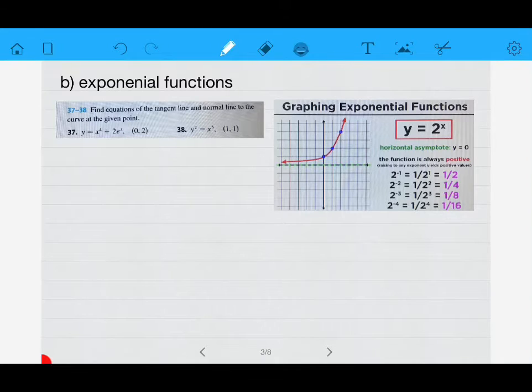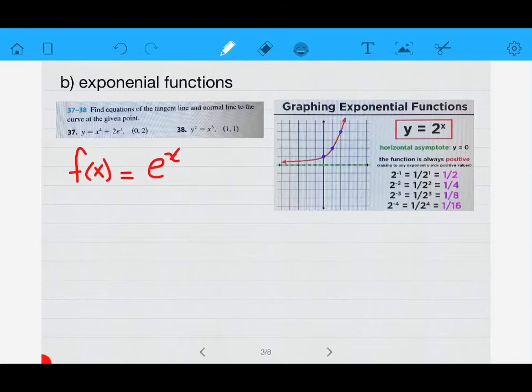The second part of derivatives is exponential functions. What is the meaning of exponential? If you have f of x equals e to the x, we have an exponential function. Here in the graph for the exponential function, see the asymptote for this: we have a horizontal asymptote at 0.